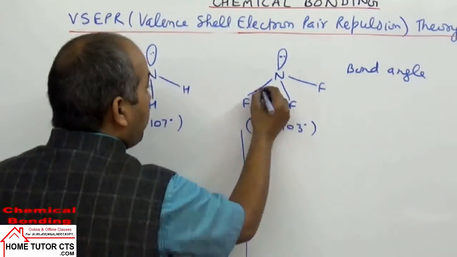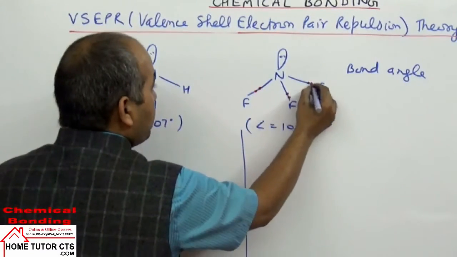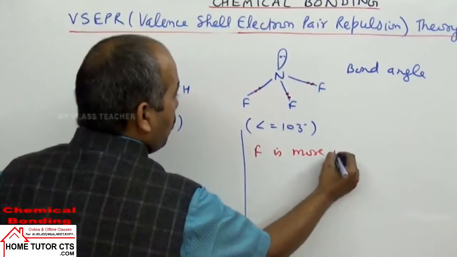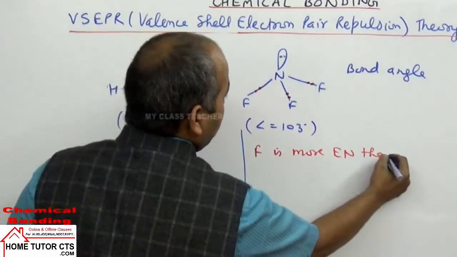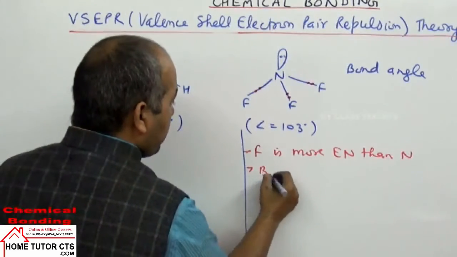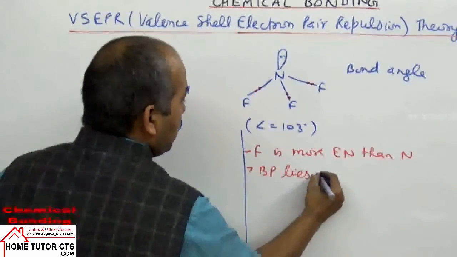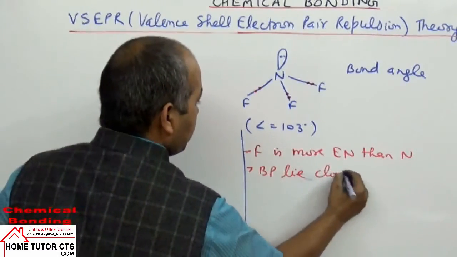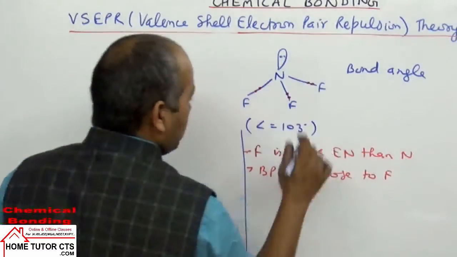In the NF3 molecule, fluorine is more electronegative than nitrogen. So the bond pairs lie more close to the fluorine atoms.